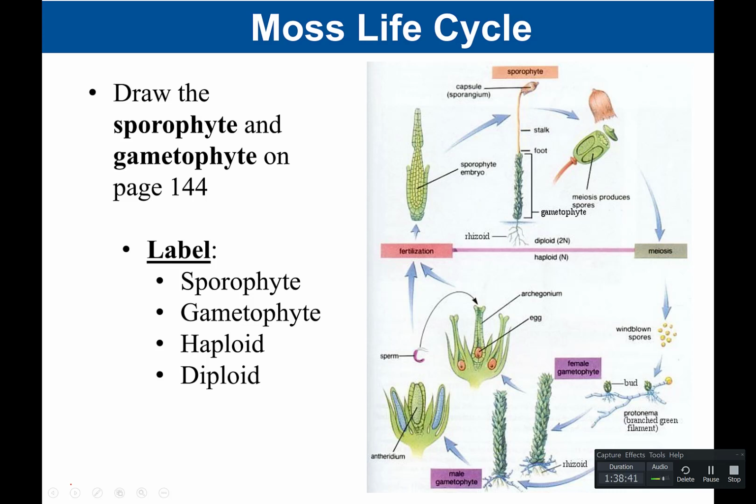So if I look at the moss, this bottom part, the green part, notice is the gametophyte. So that green fuzzy stuff that you see for a moss, that's the gametophyte generation. This part, the gametophyte, is haploid.